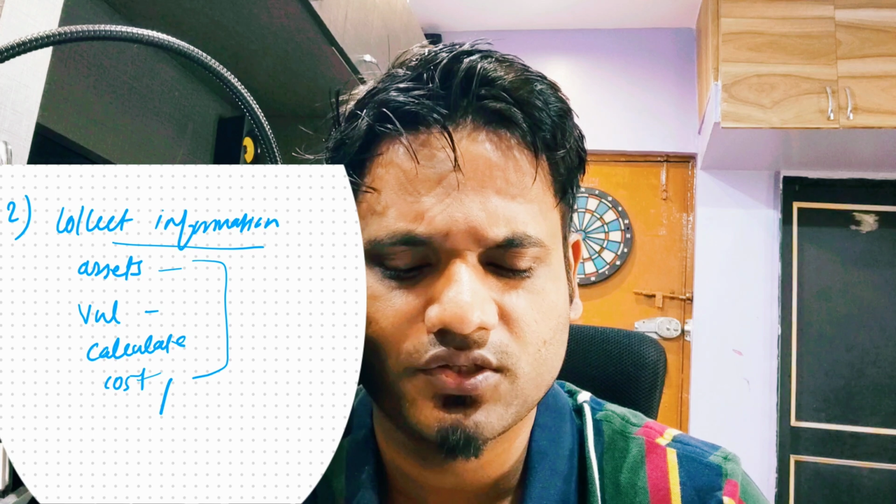The third step is you need to define what you're going to deliver in this risk management process. So you can do the risk mitigation steps like risk transference, risk acceptance, risk avoidance.